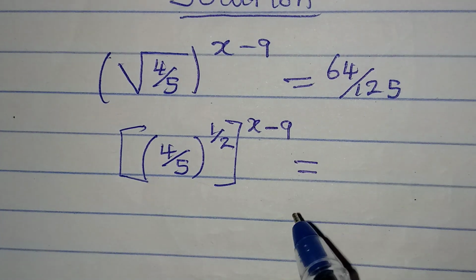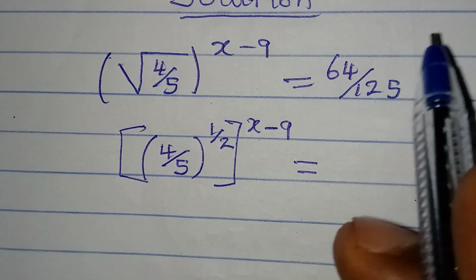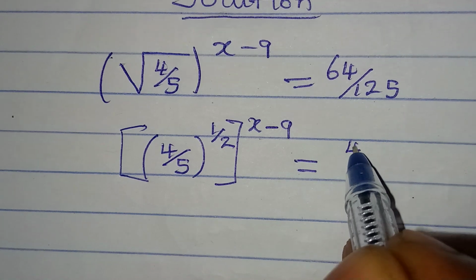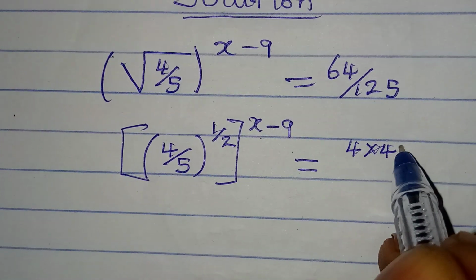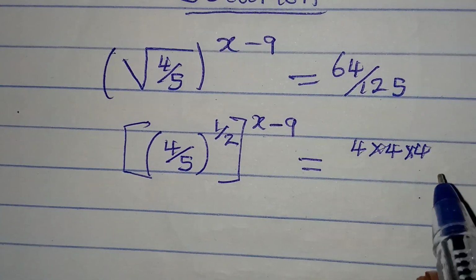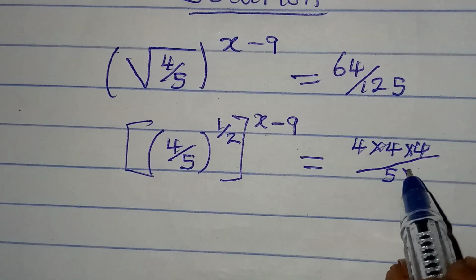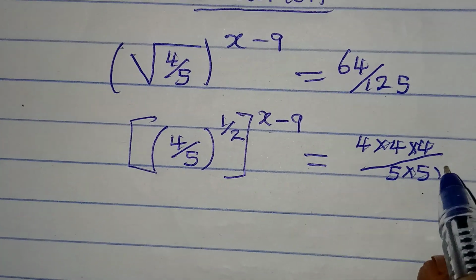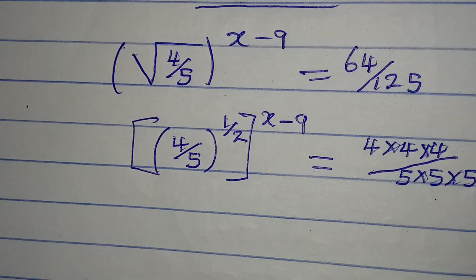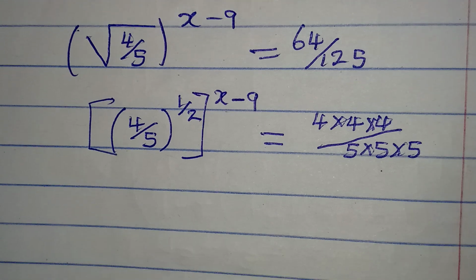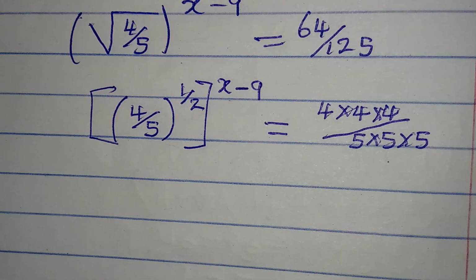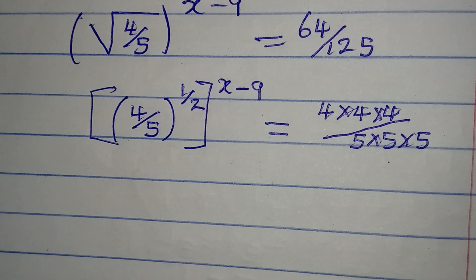This will be equal to, now, 64 here is the same thing as 4 times 4 times 4, and 125 is 5 times 5 times 5. Okay, so we can't cancel anything there, but this is what we are going to do.